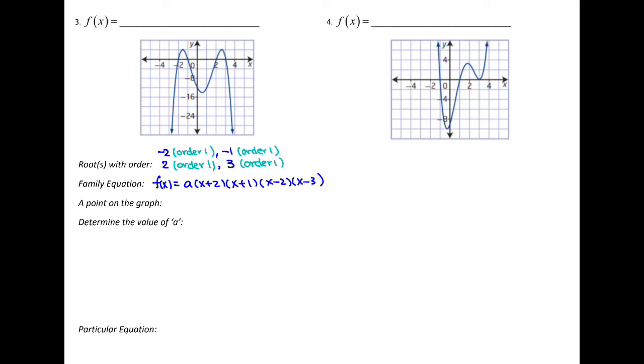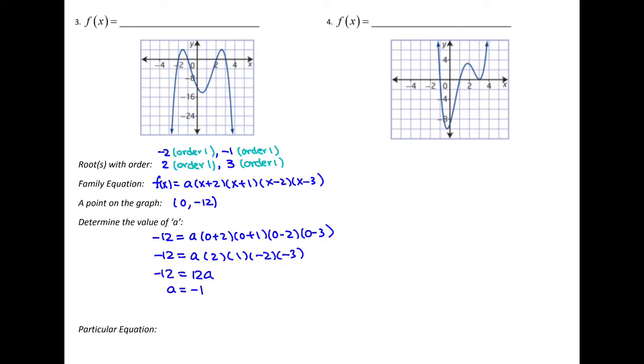Let's find a clear point on the graph, which is the y-intercept at (0, -12). Substitute 0 into x, -12 into y, we will get a equals -1. Therefore, our factor form for the particular equation will be negative (x plus 2) times (x plus 1) times (x minus 2) times (x minus 3).